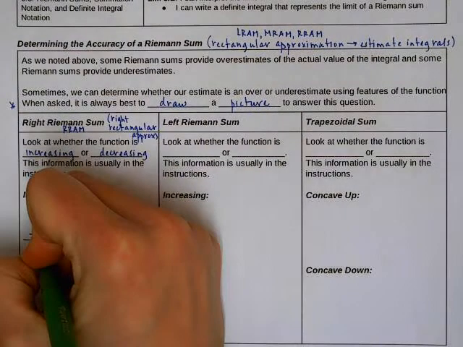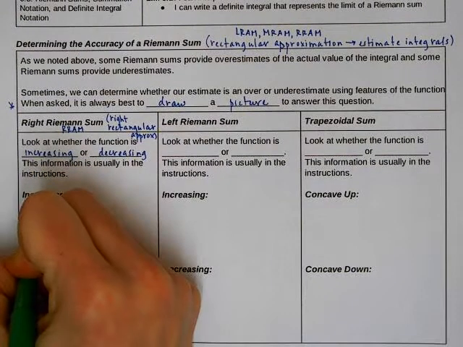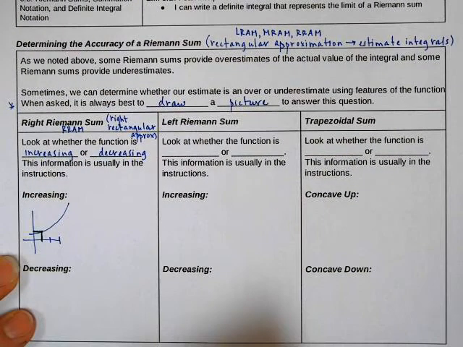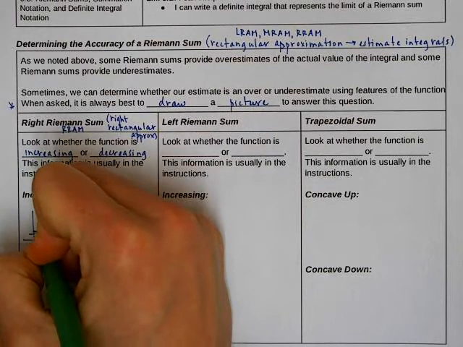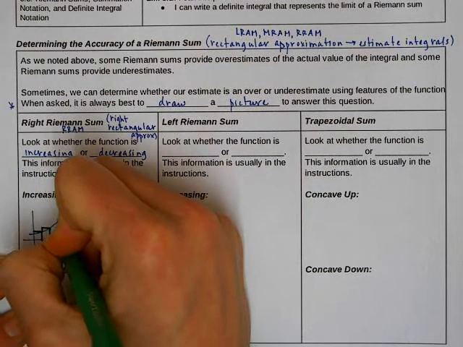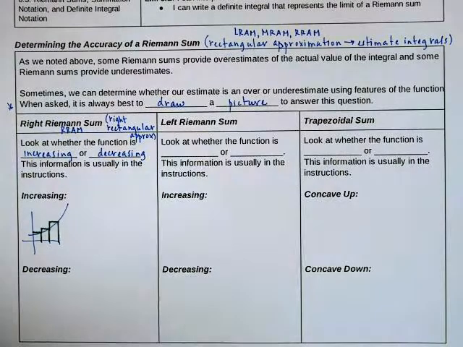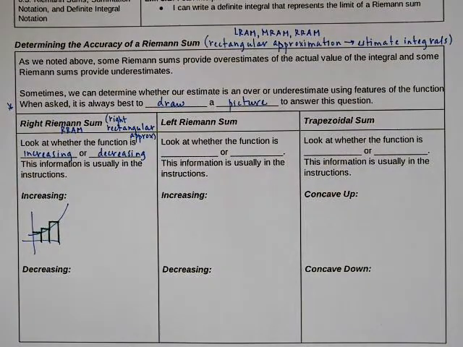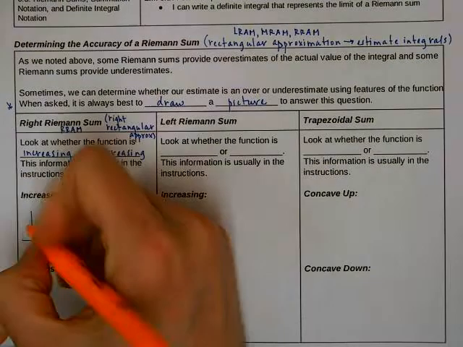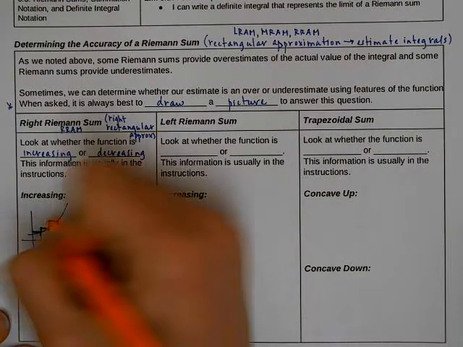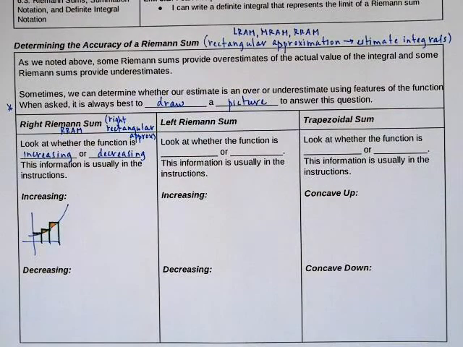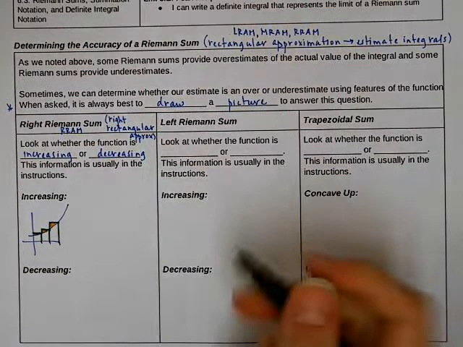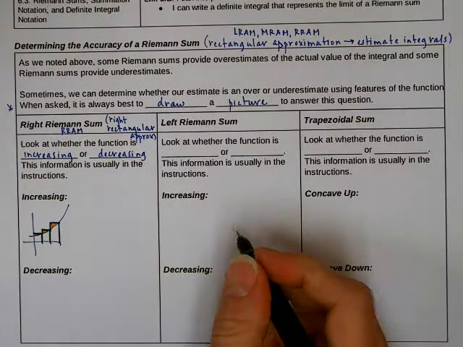So here I'm going to go up to the curve and over to make my rectangle. Same thing here, up to the curve and over, up to the curve and over. And what we should notice is that I have pieces of these rectangles that lie above the curve.